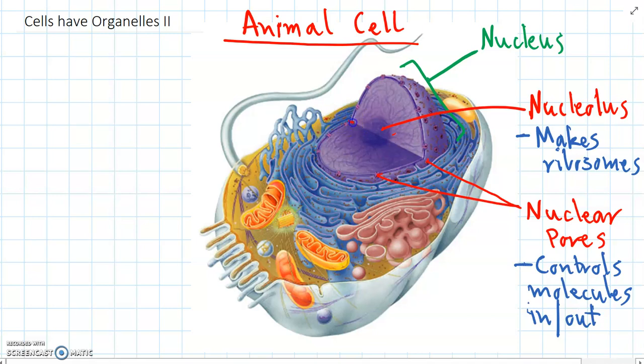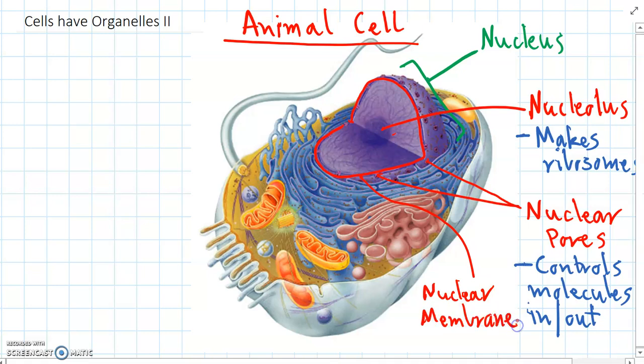And the membrane around the outside of the nucleus, we just call that the nuclear membrane. And like every membrane in a cell, it keeps molecules inside it so that they don't escape.